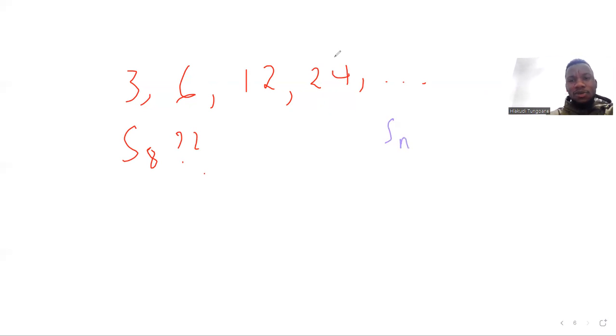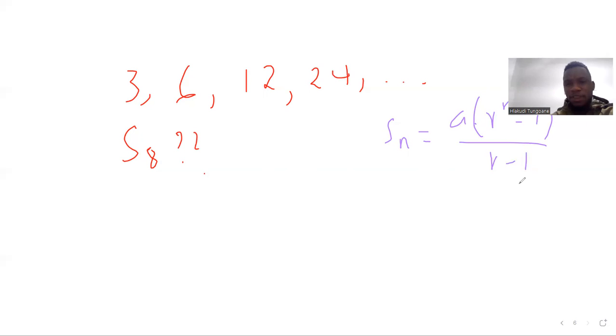Sn equals a(r^n - 1) over (r - 1). Please make sure that the order is consistent: r^n minus 1 should start first. Don't make the mistake of having r^n - 1 on top and then in the denominator 1 - r, because you're going to get the wrong answer.